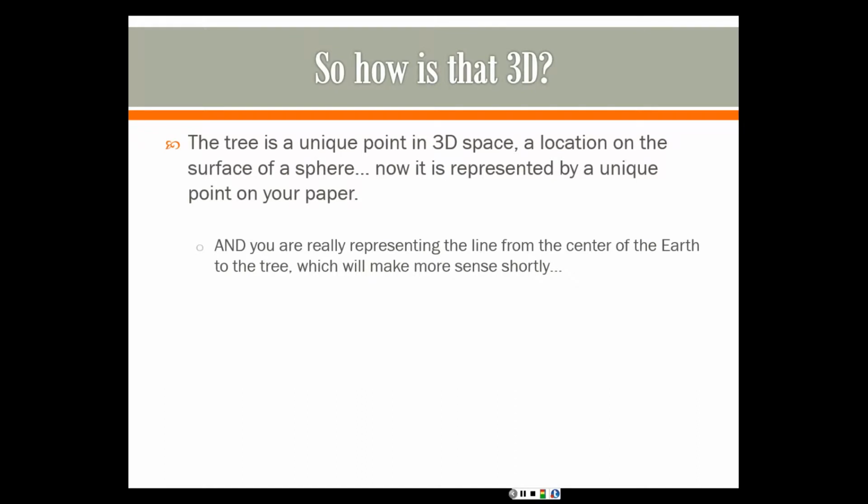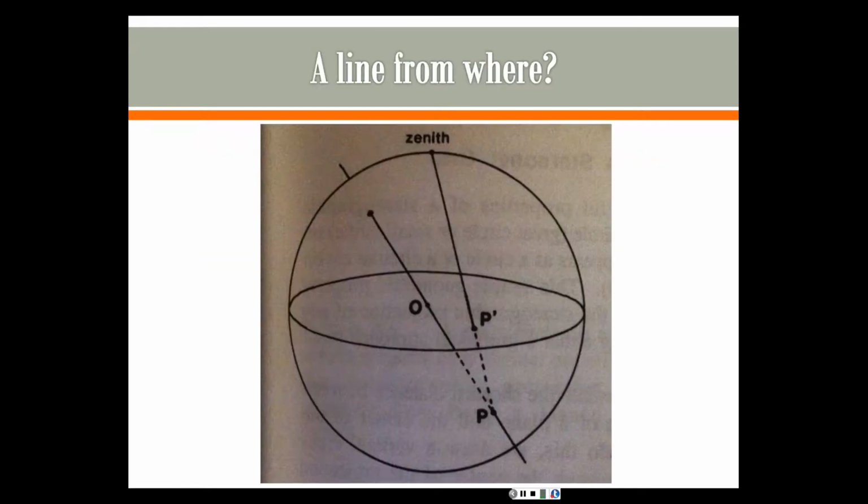And what you're representing, more than a line from the North Pole, is actually, we're basing it all off of lines that go through the center of the Earth. What I mean is, you have your laser beam up at the point marked zenith. You zap the tree, which is at point P, and get a P' hole in your paper.